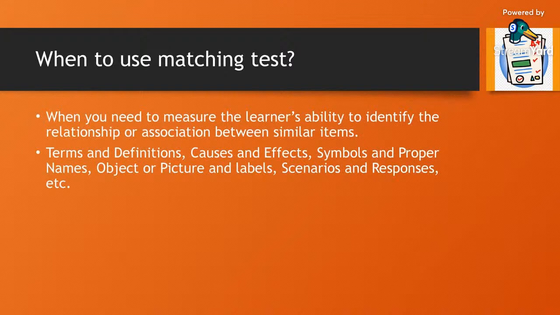In math, maybe a mathematical problem on the first column and the answer on the second column, or mathematical terms on the first column and the mathematical definitions on the second. So there are so many ways on how you are going to use matching tests or topics that you could include in your matching test.